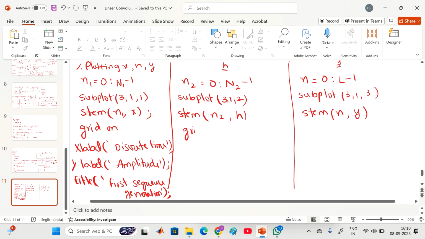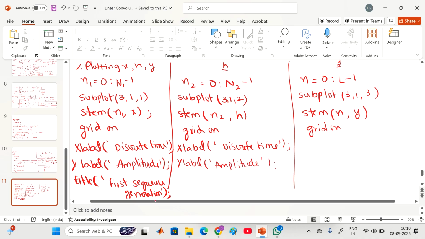Then grid on, x label, y label and title. X label is the same, discrete time, y label amplitude, title second sequence generation.